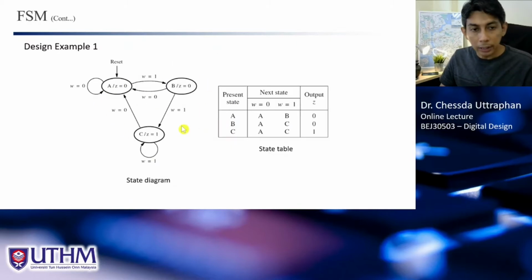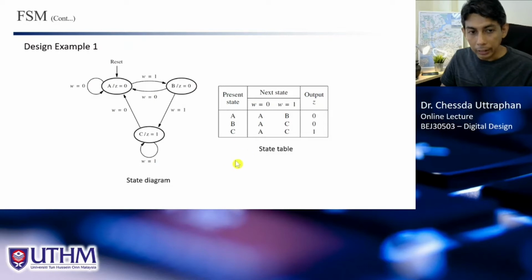still relatively easy because we have only 3 states. All right, but just imagine if we have 10 states, 20 states, what will happen? If 20 states, how many bits do we need to represent 20 states? For example, if we have 10 states, we need at least 4 bits or 4 flip-flops to represent all the states.